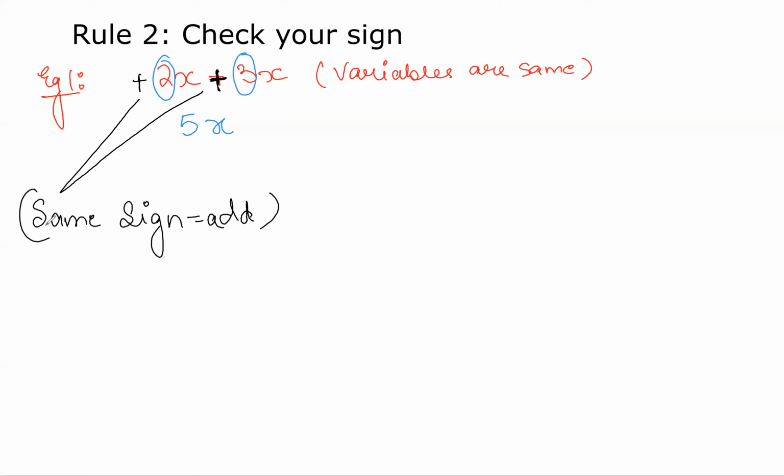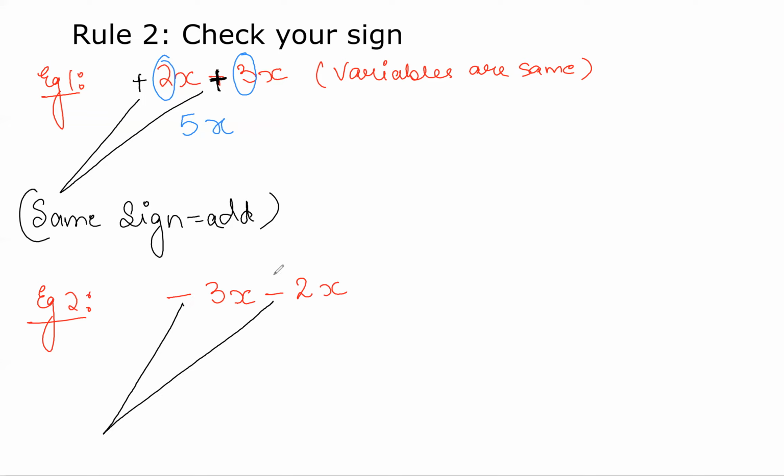Now let's see one more example. Here is my example 2. Using the same numbers, I have minus 3x and minus 2x. Both are negative numbers, but I can notice that the signs are the same.